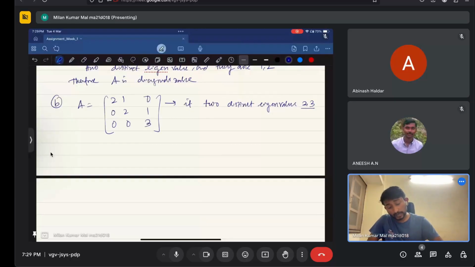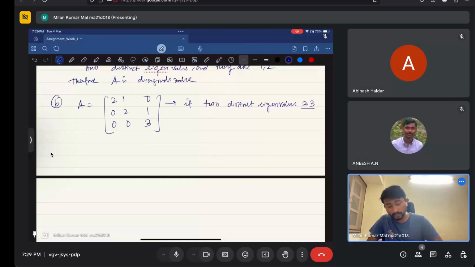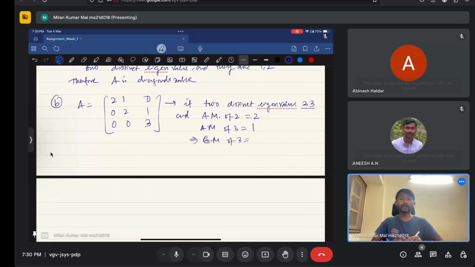The algebraic multiplicity of 2 is equal to 2, and the algebraic multiplicity of 3 is equal to 1. That implies the geometric multiplicity of 3, that is, the dimension of the eigenspace corresponding to the eigenvalue 3, is 1, because the geometric multiplicity must be at least 1 and at most the algebraic multiplicity, which is 1.